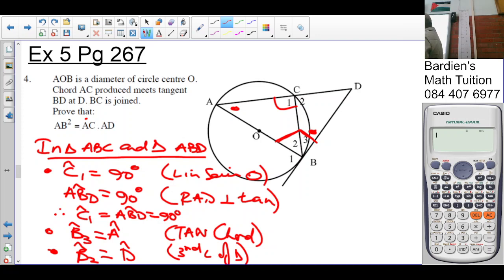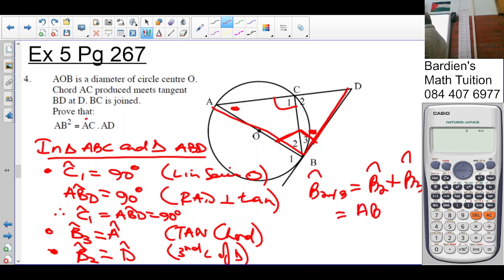Yes, that is your reason. We said radius perpendicular to tangent. ABD is B2 and 3. This is another way of writing B2 plus B3, or ABD or DBA. It's all the same thing.